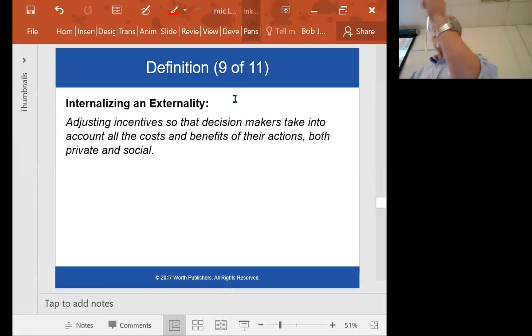When you have the tire producer who is polluting and not taking that cost into account, you're trying to figure out how can we get the decision makers to take everything into account. And that's what internalizing means, getting them to take everything into account in making their decisions.